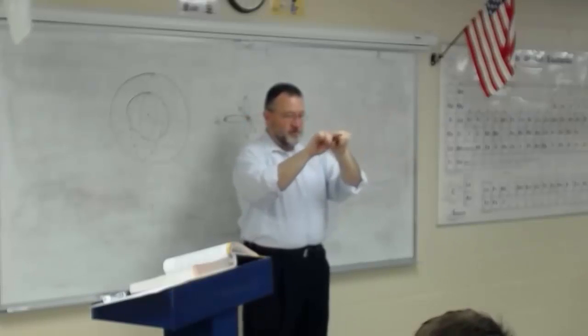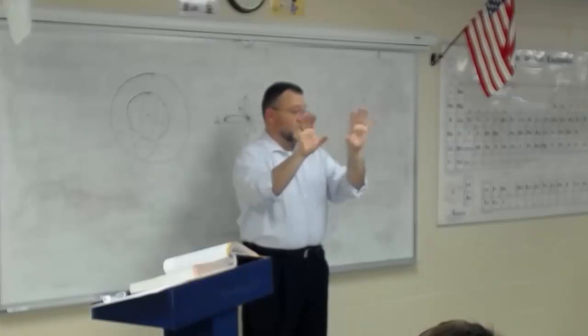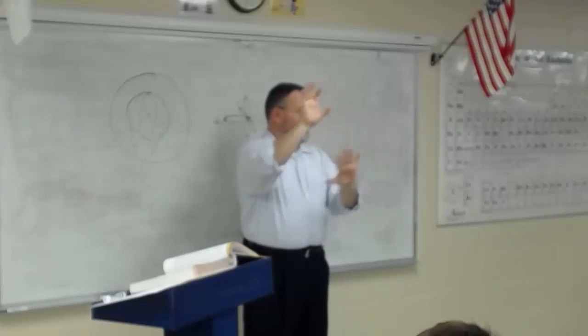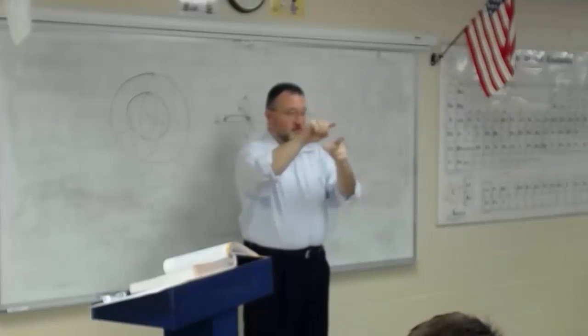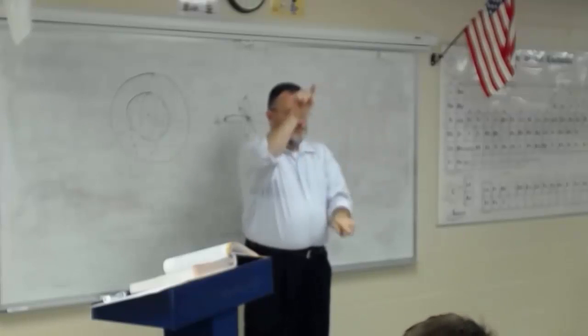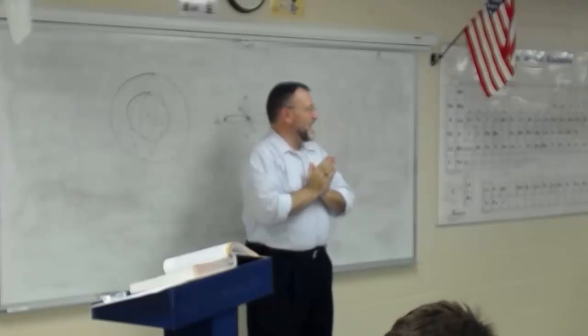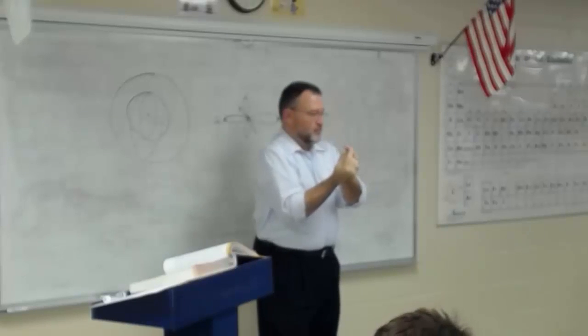So here's 2 electrons forming a p orbital in this way. If I wanted to add 2 more, and let's assume they equally divide the distance between these 2, the next 2 would go up and down like this. Again, in this flat plane, 2 in this way, 2 in this way. If I need to add 2 more, where would they go? They would go out towards you and back towards me.